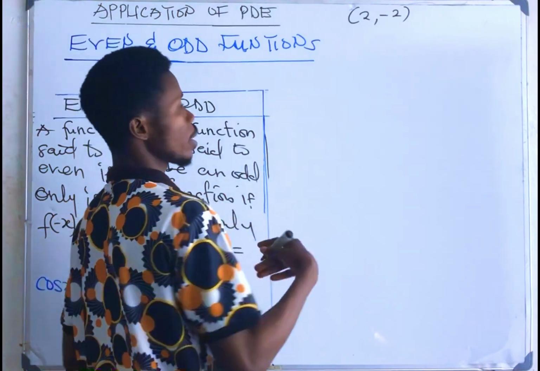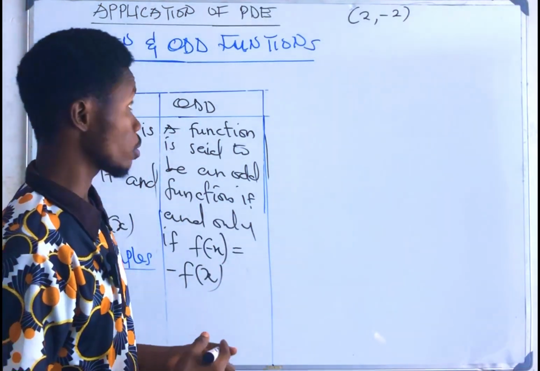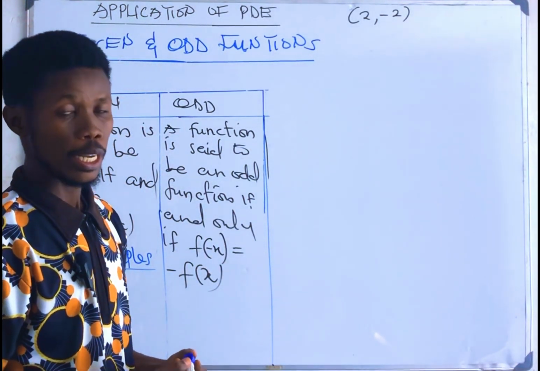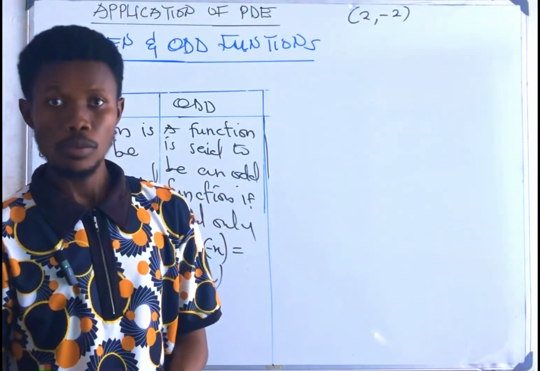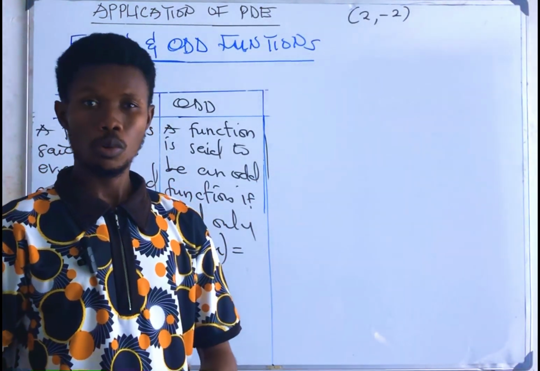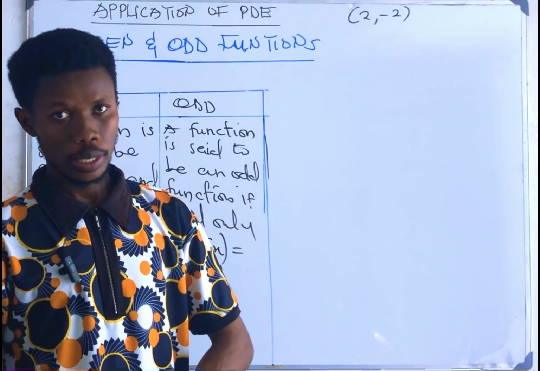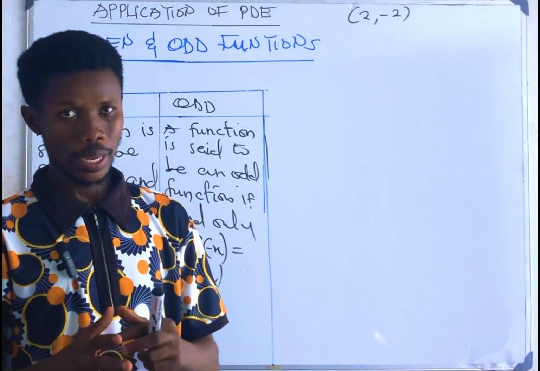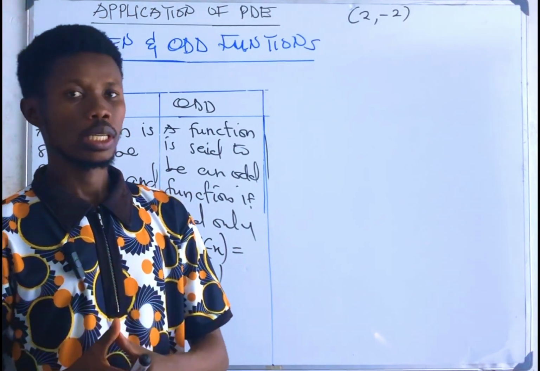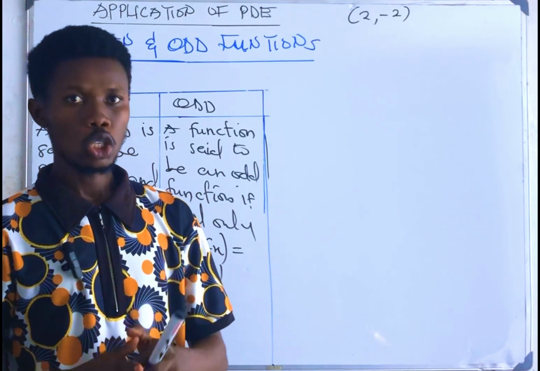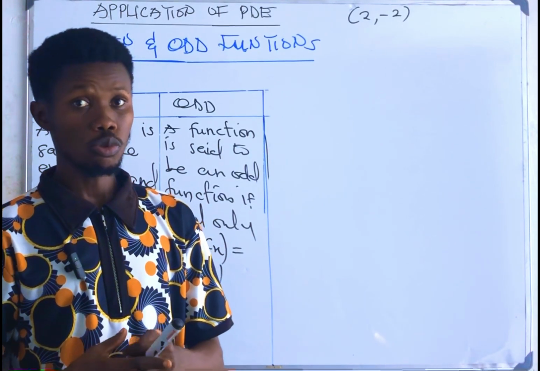You can use any number of your choice, but remember, if you pick 3, then it should be 3 and negative 3. If you pick 4, it should be 4 and negative 4. It's not advisable to use 1, because sometimes 1 can behave like an identity, so it can do something to your function. It's better to start from 2, 3, 4 going.